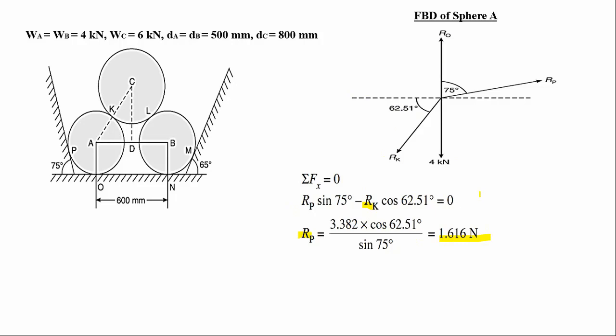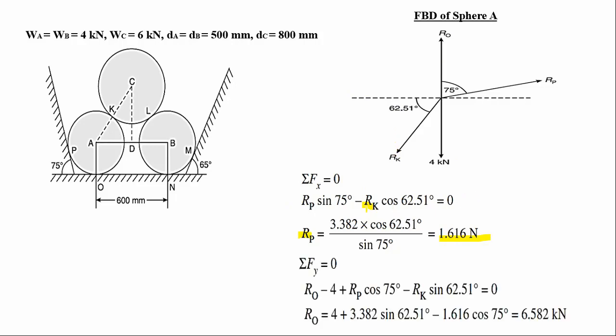Next we apply another condition of equilibrium, summation of Fy is equal to 0. All the forces have to be resolved along the y direction. First, RO is moving upwards, therefore plus RO. Next, the 4 kilonewton self weight is moving downwards, therefore minus 4. Next we resolve RP along the y direction.